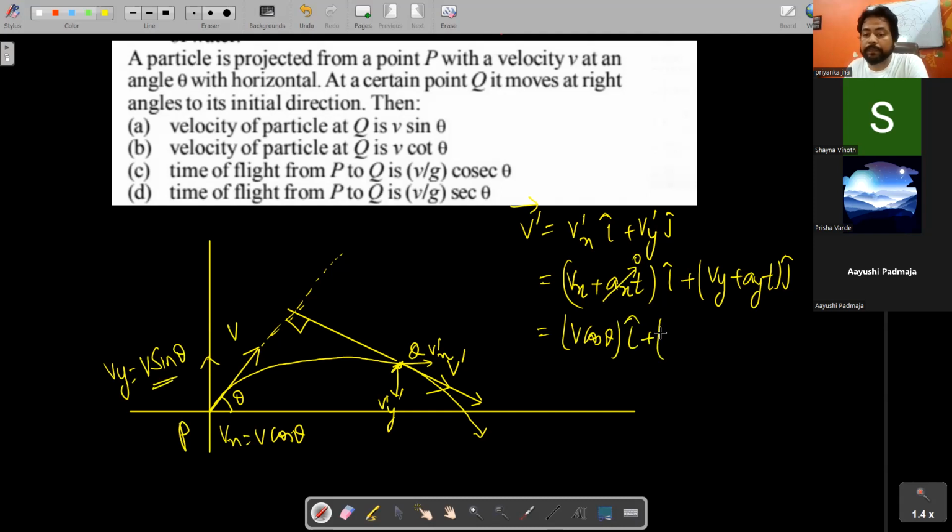That is V sine theta. And what is the acceleration along y-axis? Suppose you take upward as positive, so downward would be negative. So Ay would be minus g, into t j. So this is the velocity at point Q, suppose. Understood? Till here?